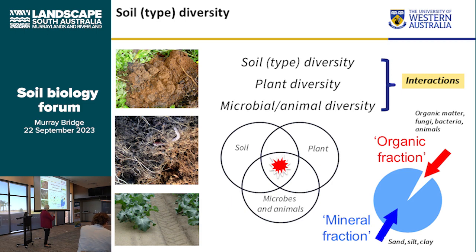But the soil-plant interactions with the microbes and the animals in the soil is really crucial. You've got all these things working together, and to get a healthy soil, how do you manage that? How do you get that working? Soil contains mostly hard stuff that's not really biological, but the organic material, including the organisms that are in the soil, and even when they're dead, part of them, is a small fraction.